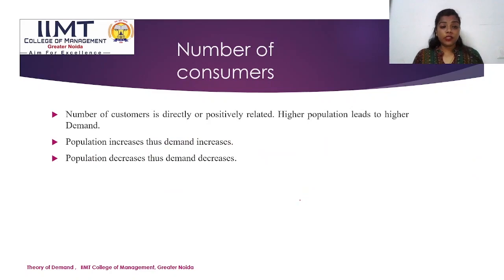Moving on to the number of consumers, there is a direct relationship between number of consumers and demand. If the population increases, the demand will automatically increase. Population decreases, the demand will automatically decrease.